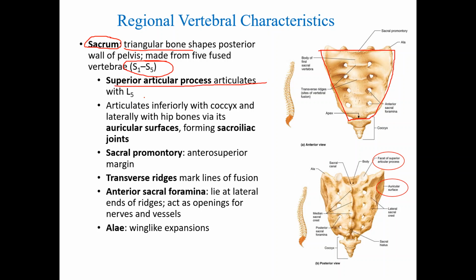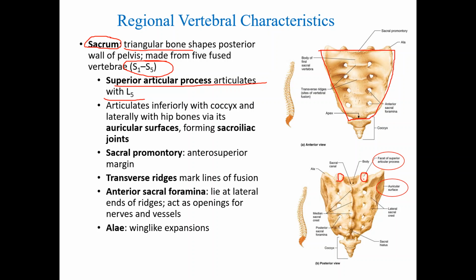articular process articulates with L5, with the lumbar vertebra number 5, okay, and so you have this superior articular process, of course, on each side, okay.